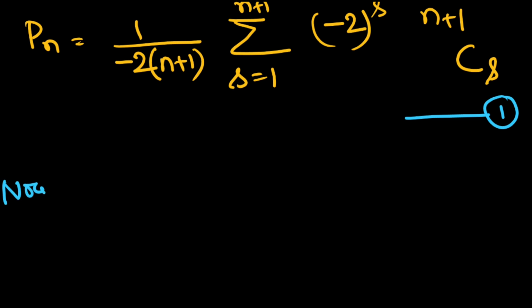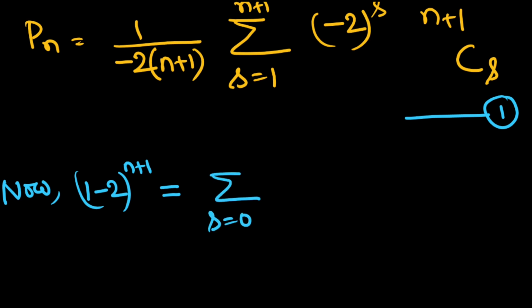Now see carefully, 1 minus 2 to the power n plus 1. If we break it using the binomial expansion, then it is the summation, s is equal to 0 to n plus 1, of minus 2 to the power s times n plus 1 Cs.